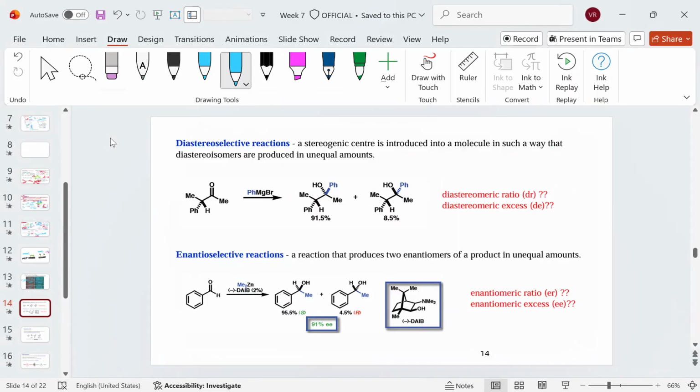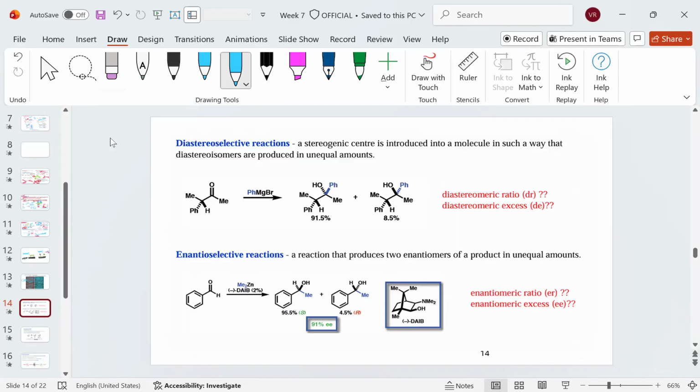In the diastereoselective reaction, a stereogenic center is introduced into the molecule in such a way that diastereoisomers are produced in unequal amounts. But the enantioselective reaction is a reaction that produces two enantiomers of the product in unequal amounts.